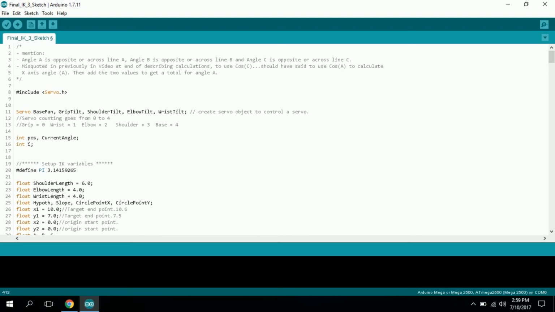Some websites discuss how to use Jacobian matrices. I didn't get into that. I had to relearn all the calculations and triangular information and sines and cosines all over again. And I fiddled with a lot of paper trying to figure out how to get this to work. This for me worked, and it was clean and simple. And I hope this helps.